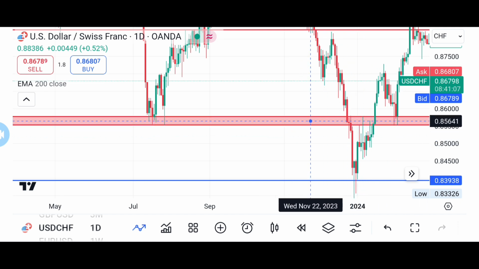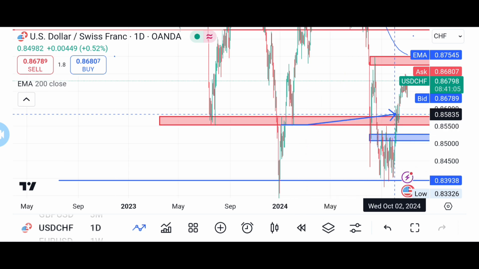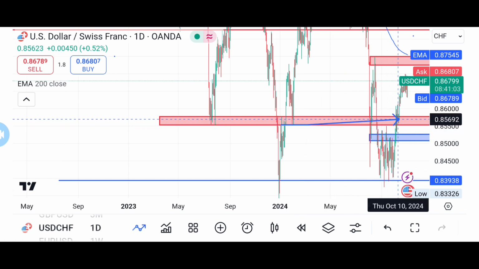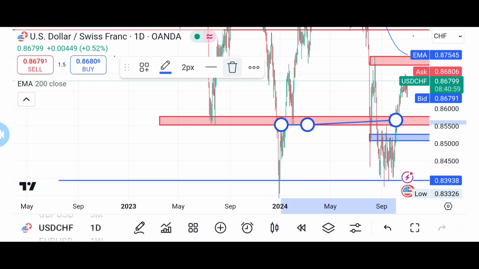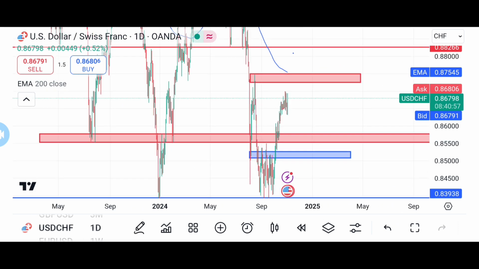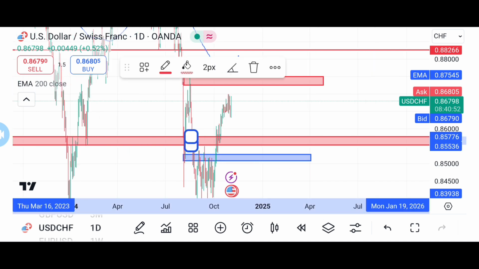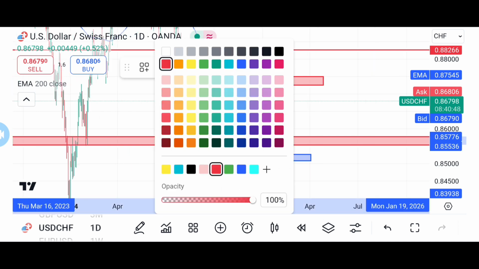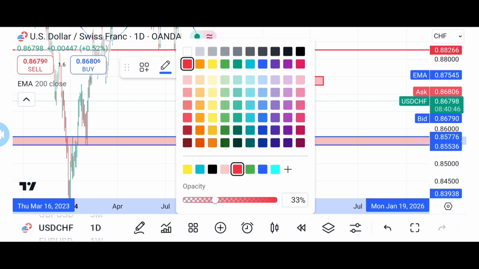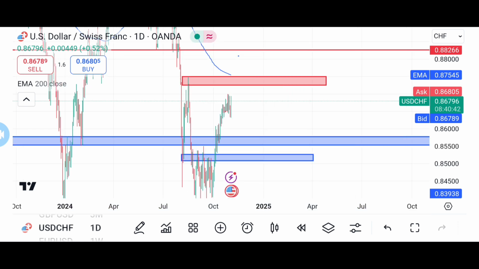Are we together, guys? So what is the way forward on this time frame? This one automatically changed from being a resistance to a support. So let us change the color from red to blue like that.